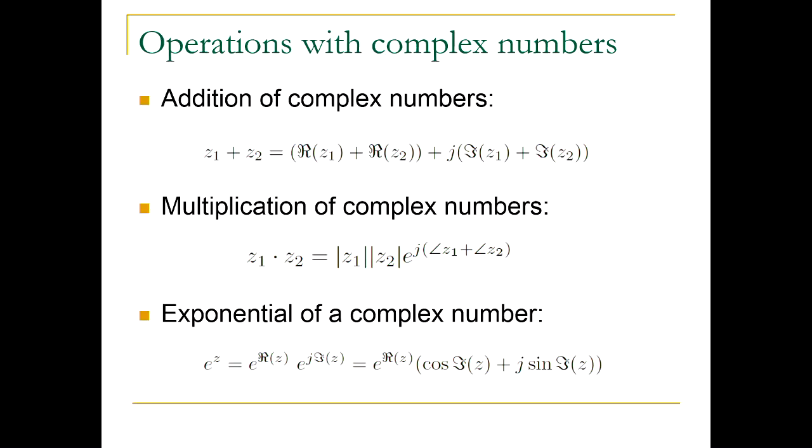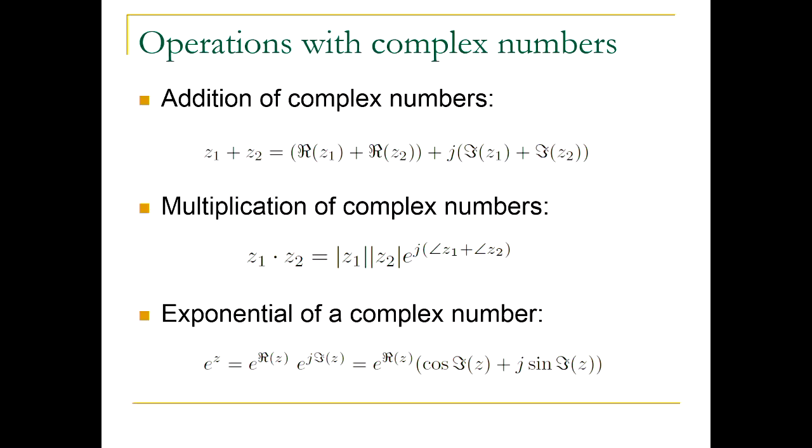How do we add and subtract complex numbers? Well, addition is best done using Euclidean coordinates. I mean, you can always do addition and multiplication, any operation, either in polar or in Euclidean. But I wrote here addition in Euclidean because it's easier. So how do we add two numbers?